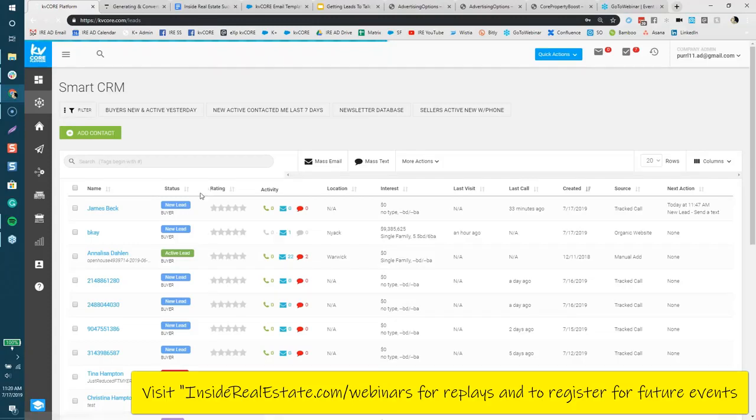But what will happen is the star ratings will fill up depending on the type of information that lands with that person when they register. So the more information we're able to pull, like their Facebook information, verify their name, email, address, all that good stuff, the higher that star level can be. Also, agents can use that star level on their own and fill the stars up where they believe those people are at in the process too.